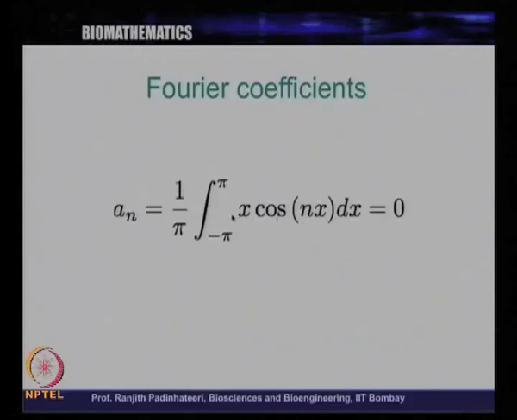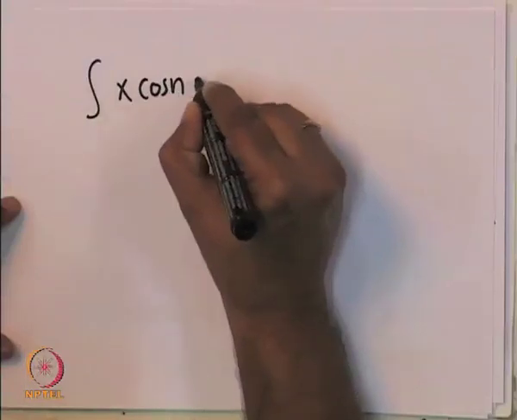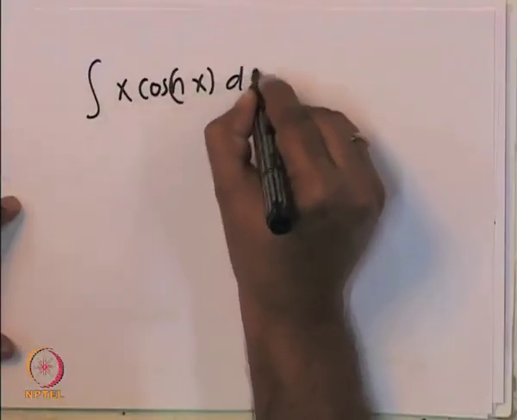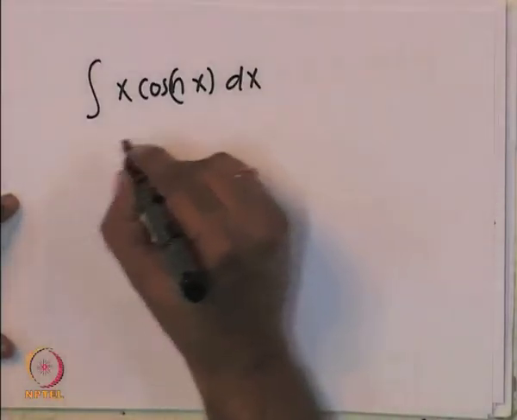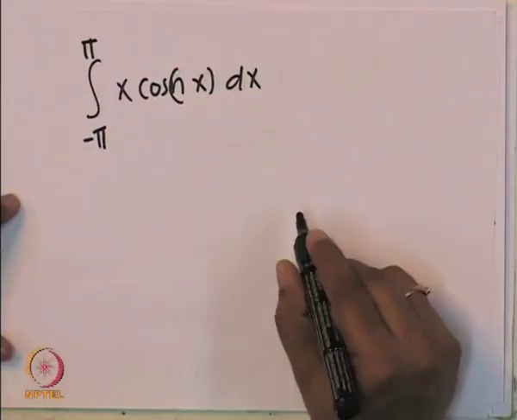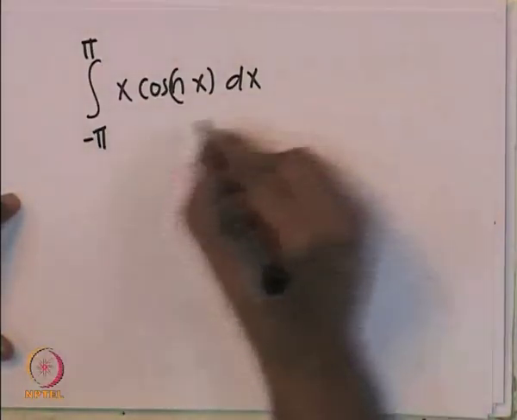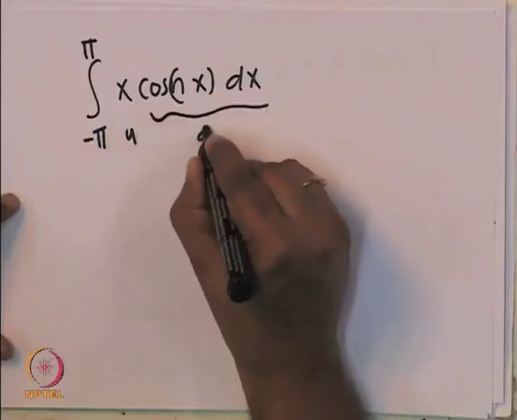You can try doing this integral by integration by parts. Let us try doing that quickly. Let us do the integral of x cos n x dx from minus pi to plus pi. You can write this as the integral of u dv.